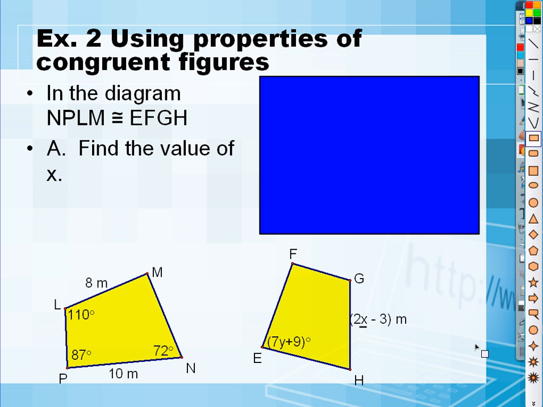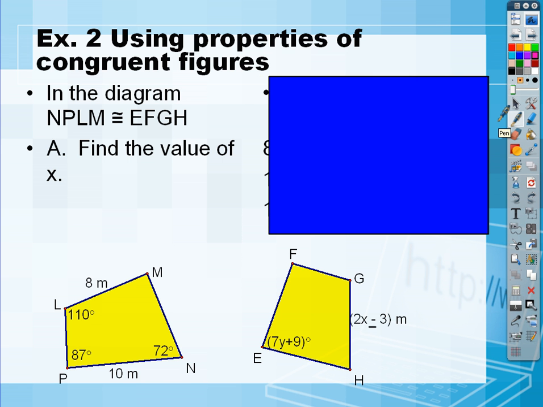Right, x appears in 2x minus 3, which is the length of what side of this figure? Which side? 2x minus 3 meters is the length of, what's that side?